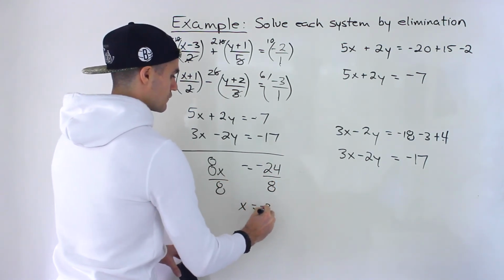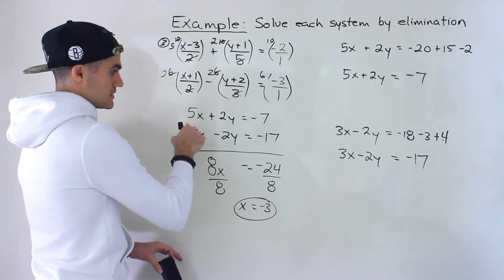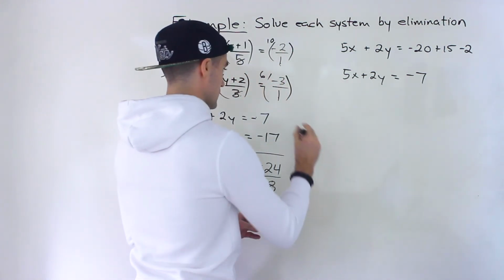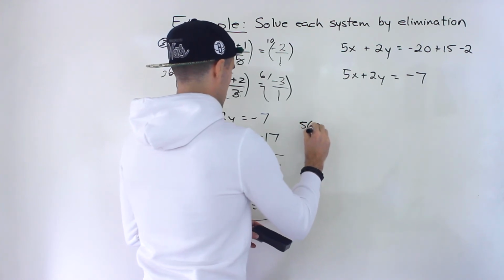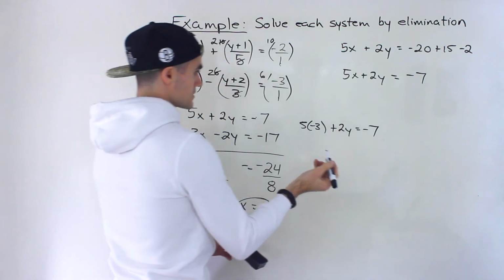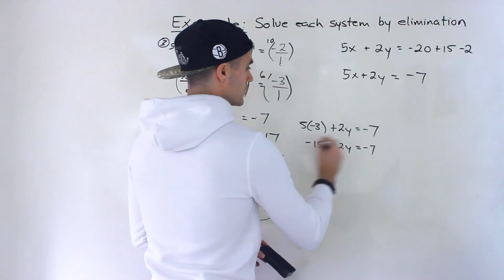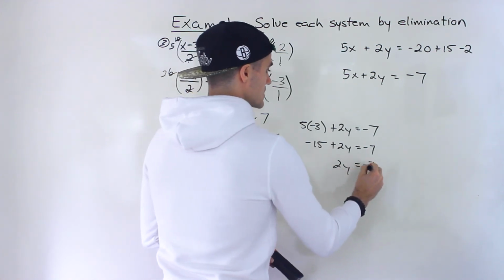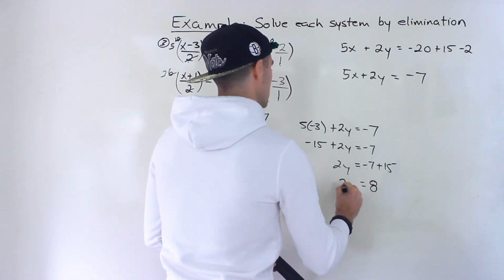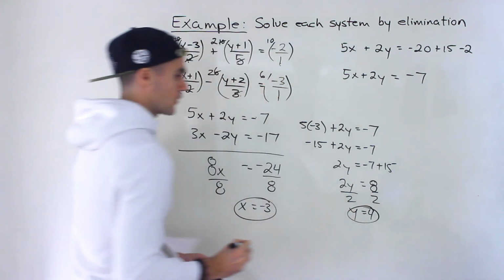X is equal to negative 3. And then we could take that x value and plug it into either of these. Let's plug it into the first. The y value is already positive there, so we'll have negative 15 plus 2y is equal to negative 7. Bring this over. 2y is equal to negative 7 plus 15, which would give us 8. Divided by 2. Y is 4.